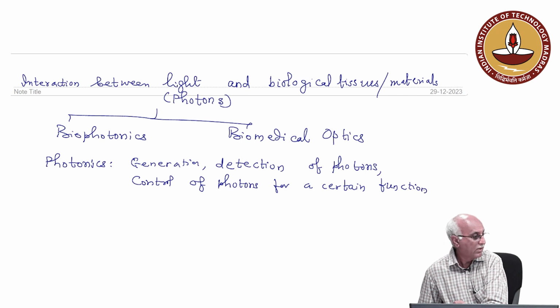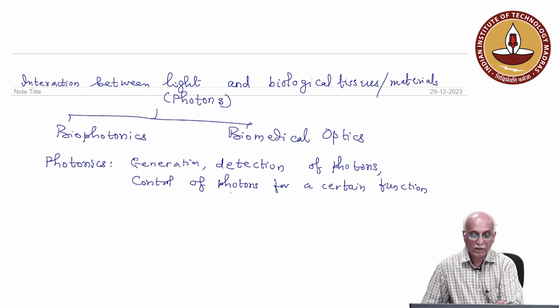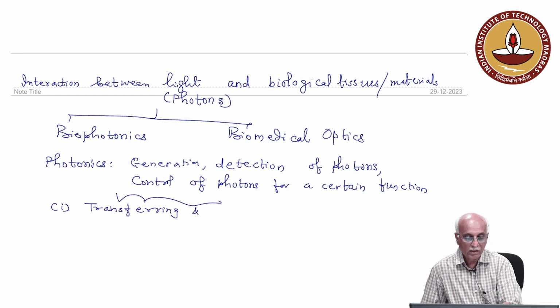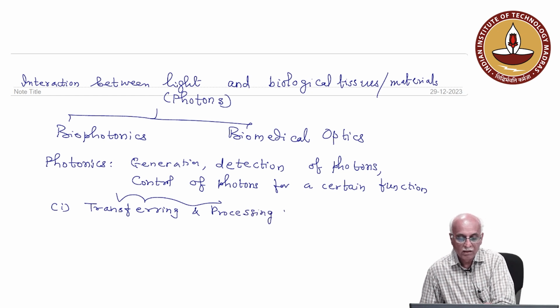We will discuss how exactly these aspects come into the picture, and how photons are going to help us. One, in terms of transferring and processing information, very much similar to communication aspects.